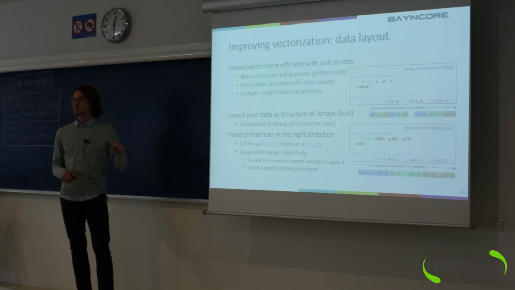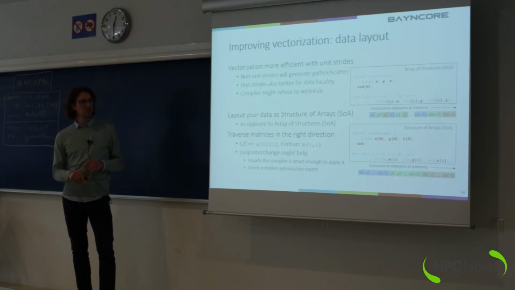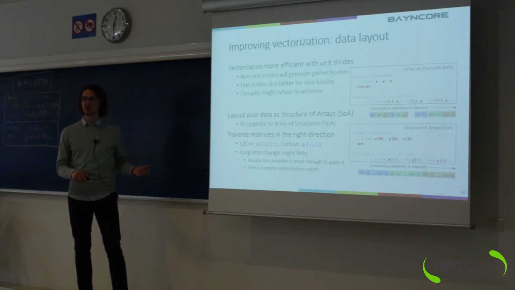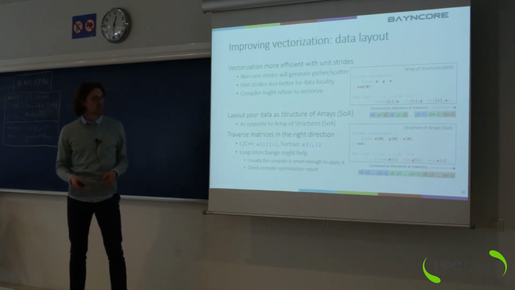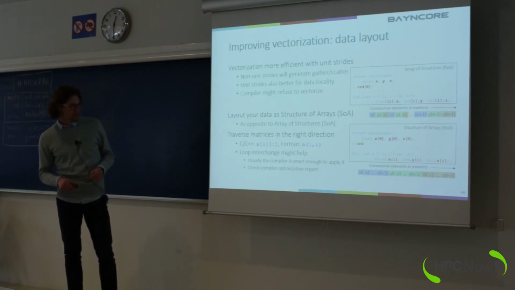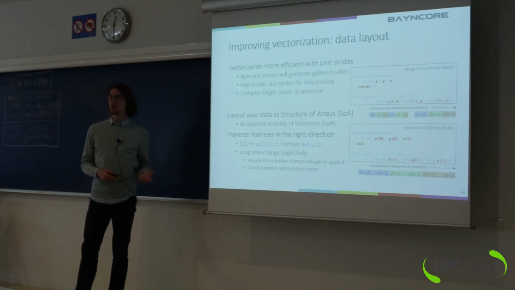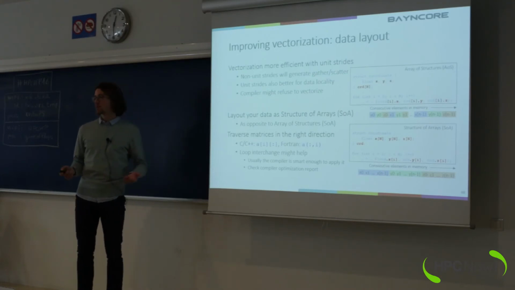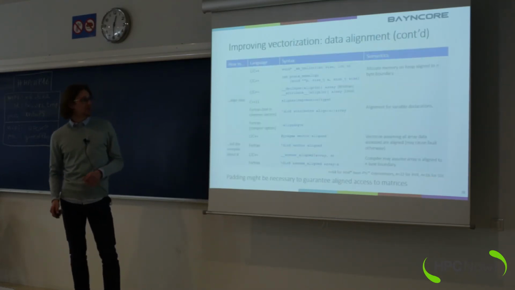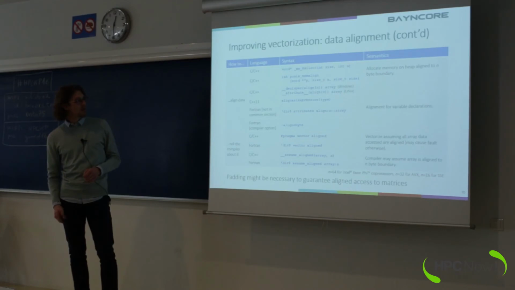What you want is the data all nicely aligned in memory, so that if you read X, you read the whole chunk of X into a vector. You read Y into the next vector and Z into the next, or use Z as your output. In this way, instead of several costly data accesses, you have just one, two, three strides, and you can put your data directly into your vector registers.